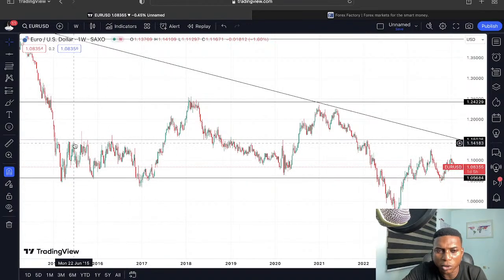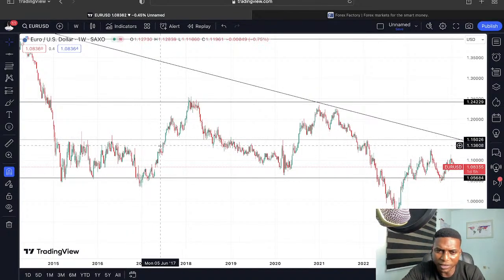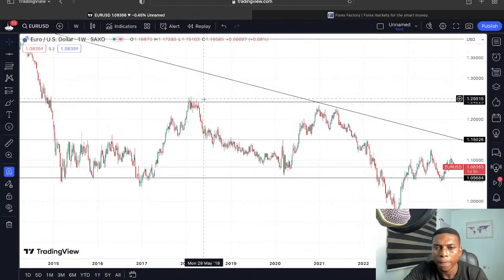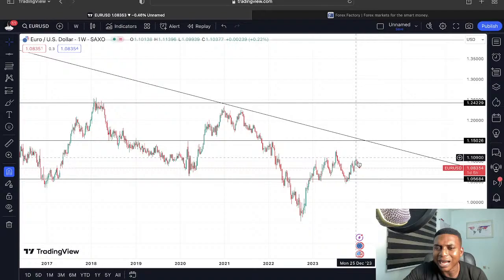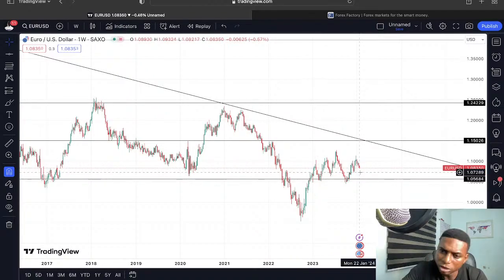We see how price consolidated at this level and finally broke upwards. Before the market moved, the high was in 2023, up until this point.